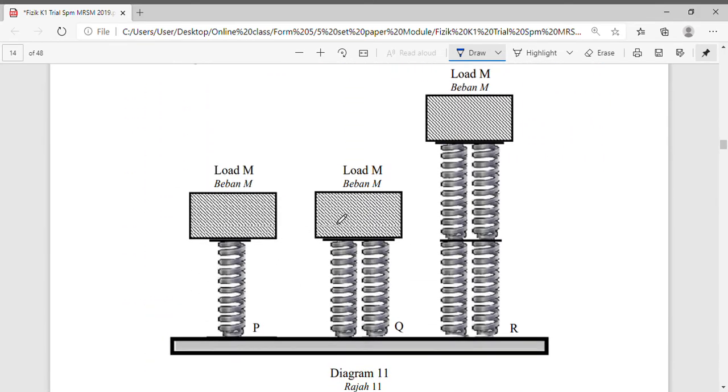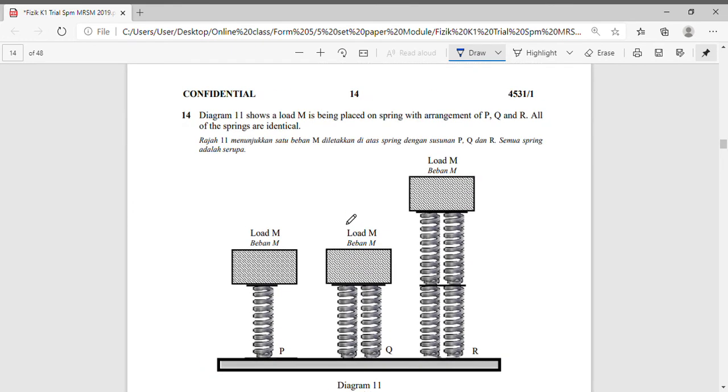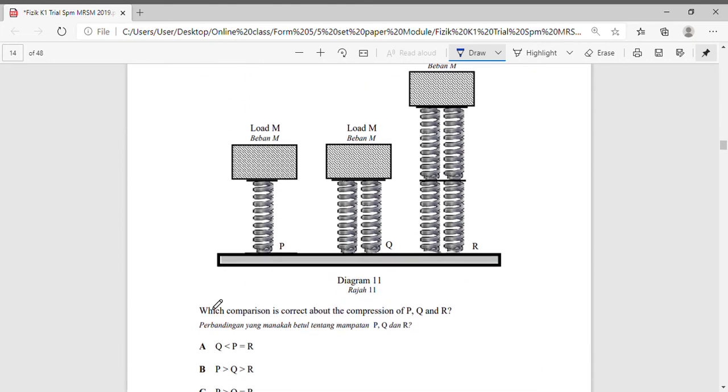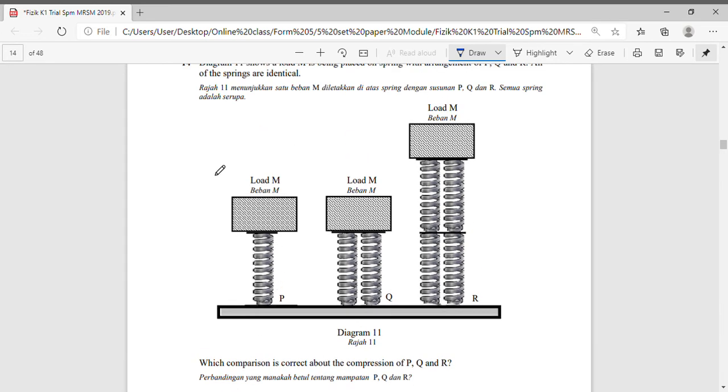This one is about springs, and how we arrange the springs. You can read the question. The diagram shows that all the springs are identical, but the arrangement is different, and the masses all have the same mass. Which comparison is correct about the compressions P, Q, and R?